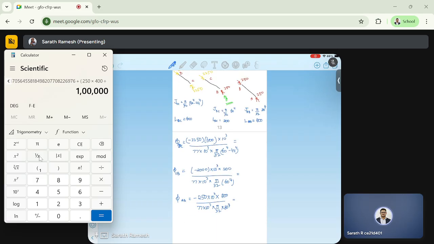Sometimes I find it difficult to read my own handwriting. So this is 30 into 30 power 4.